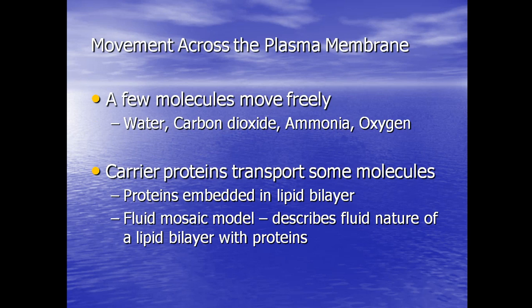But there are many things which cannot pass through the membrane easily, still they pass through it because of some proteins which are embedded in the plasma membrane, what we call carrier proteins.